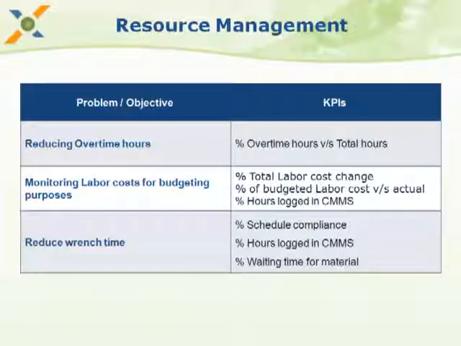We can reduce wrench time. Again, these are examples that we are talking about. Percentage schedule compliance, hours logged in CMMS, similar to what I had before, and waiting for materials. So some of this wrench time could be just poor planning, poor scheduling, or just not enough work.